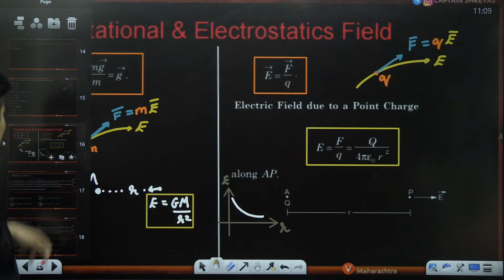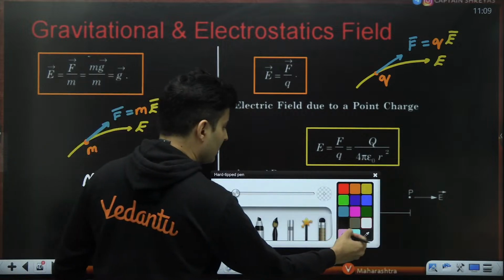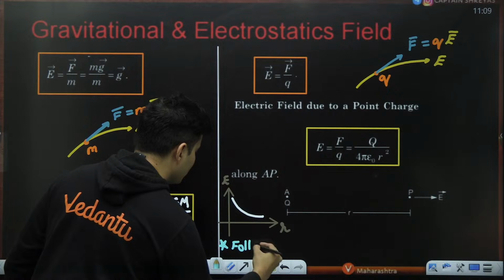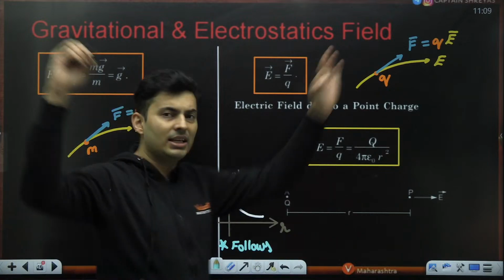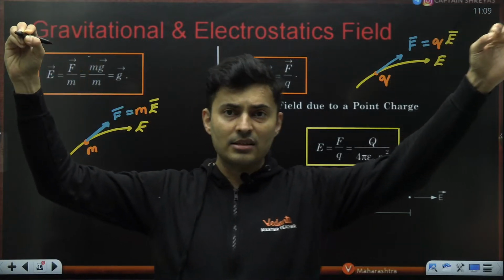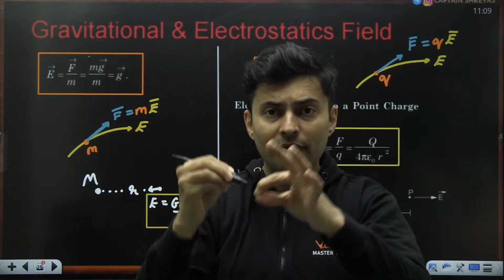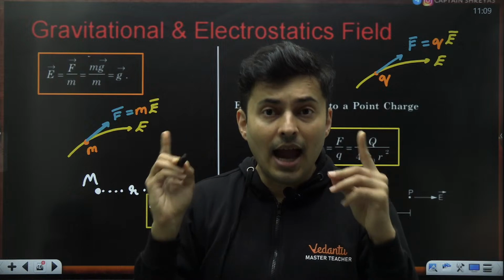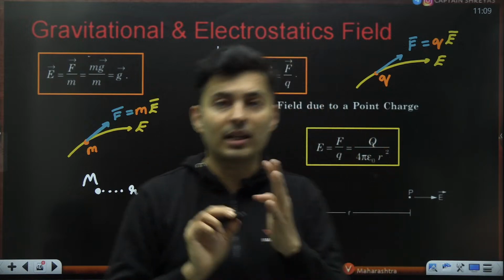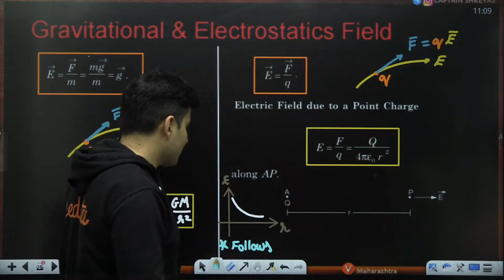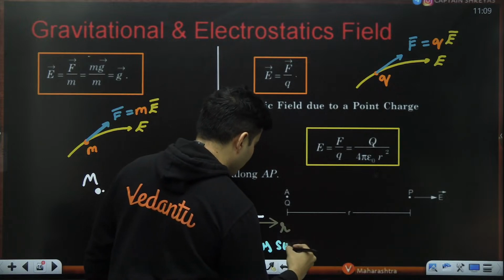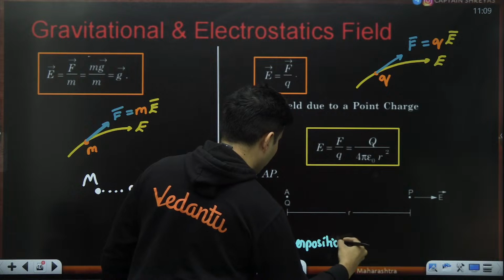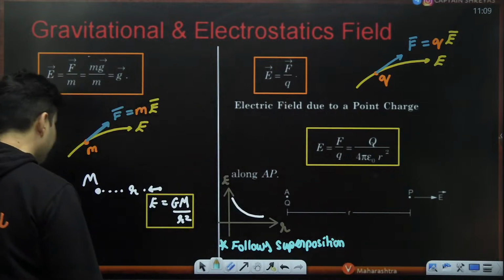By the way, it follows the superposition principle, so I can just mention that as a side note. It follows superposition just like before. If there are multiple charges or multiple masses, each will apply its own field, and you will have to find the net field by adding the fields as vectors, not scalars.